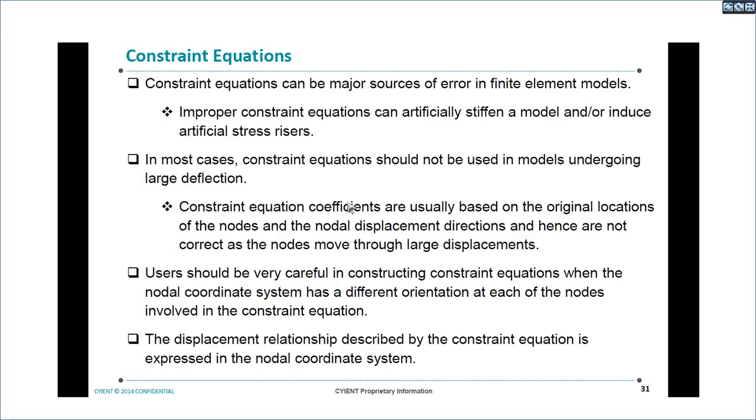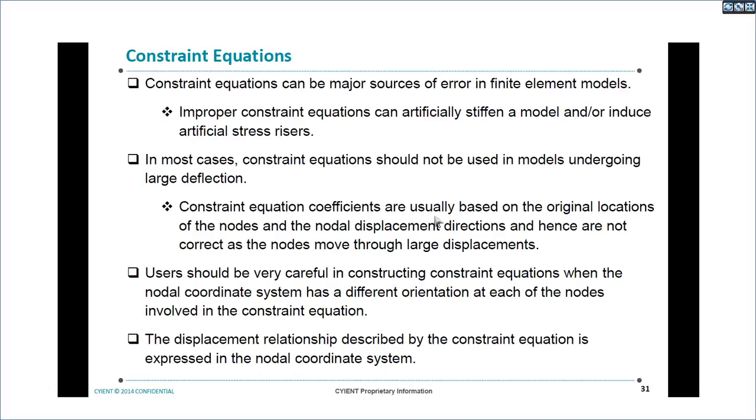The main reason is constraint equations are written based on original nodal locations. When a large displacement happens, the original locations change, and these constraint equations are not valid. So this is very important. When there is a large deflection, avoid constraint equations.